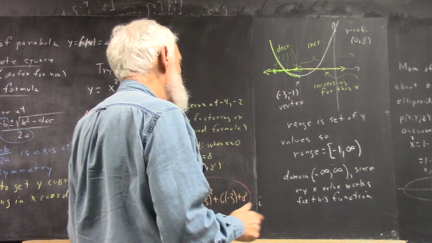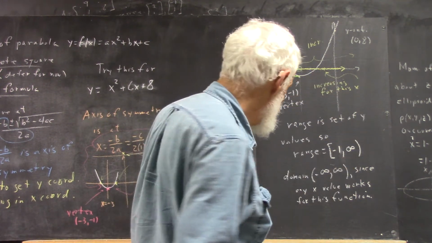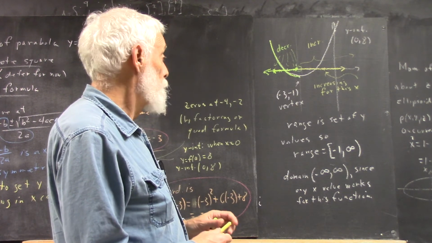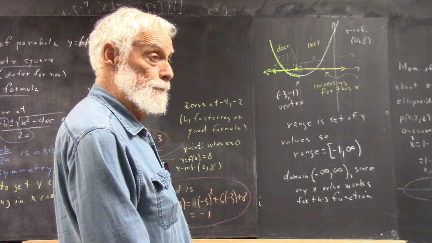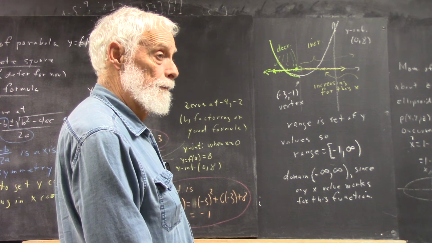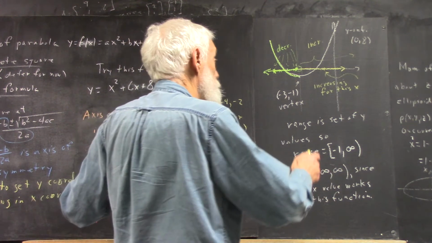So how would you put that in interval notation? What's the interval on which the function is increasing, and on what interval is it decreasing? It would be -3 to infinity. Very good, very good.